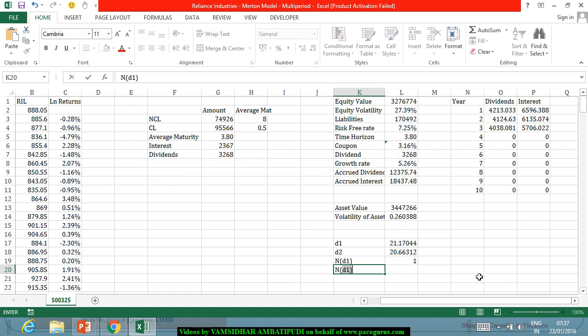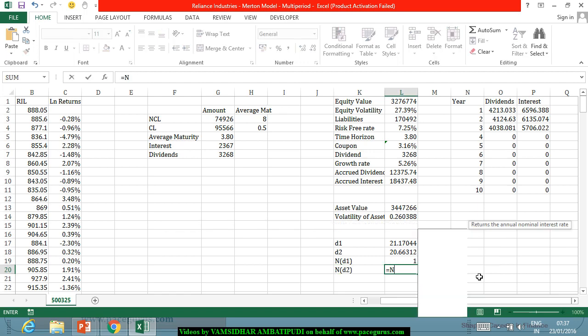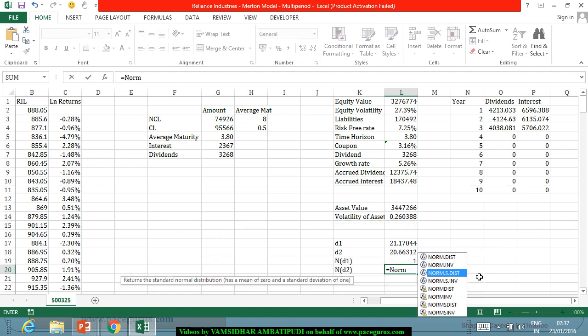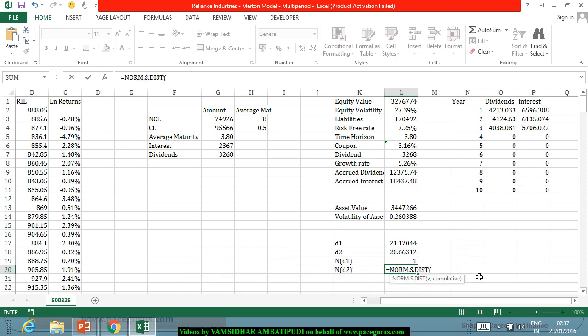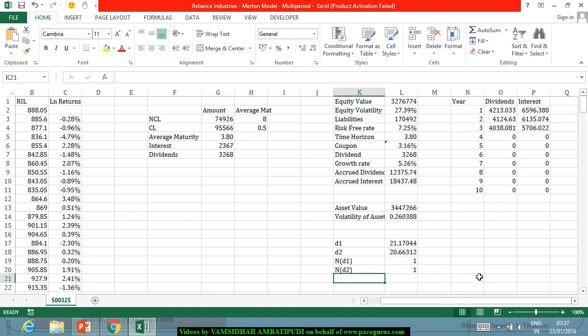Then similarly I'm doing ND2, which is also coming out in the same fashion, NORMSDIST of D2, comma 1. So that gives me ND1 and ND2 being approximately equal to 1.